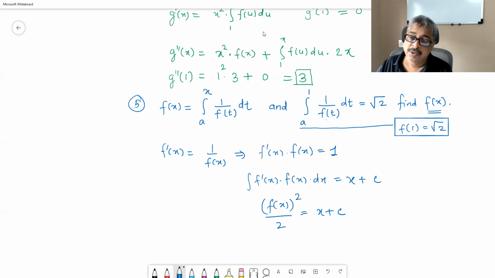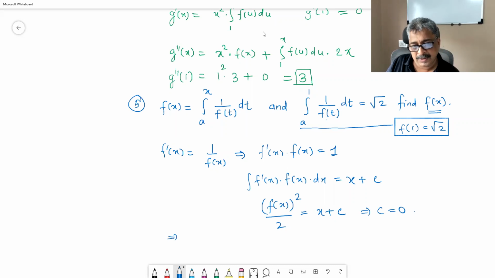Now you have to evaluate c. If you put x is equal to 1, you get root 2 square, which is 2, 2 gone, x is equal to 1, therefore c is equal to 0.